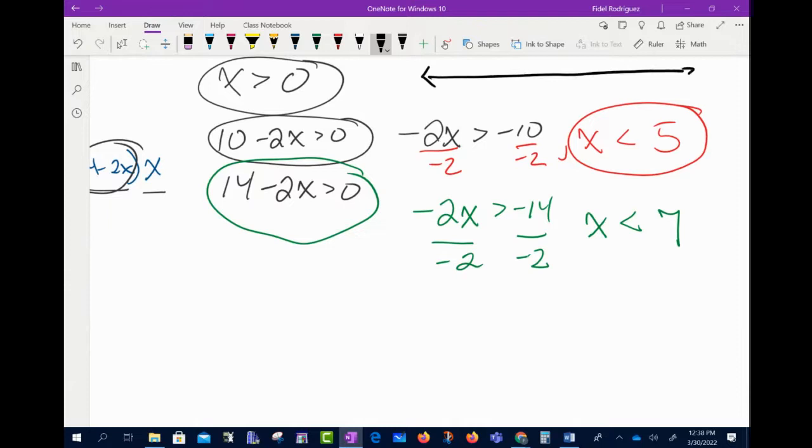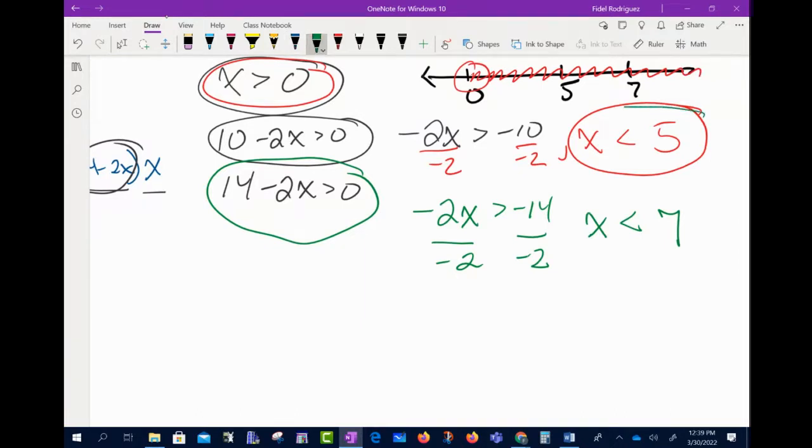All right. I want you to think about a number line for a second, y'all. Here's my number line, okay? I'm going to put 3 numbers on that number line: 0, 5, and 7. Now, let's do it like this. The way we can find the domain, x needs to be bigger than 0. So bigger than 0 means put an open circle here and shade everything to the right, right?